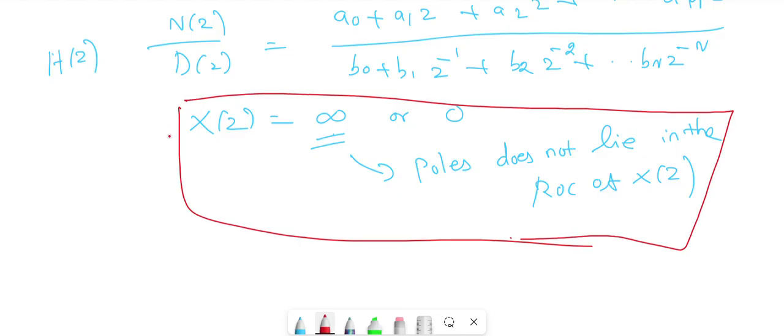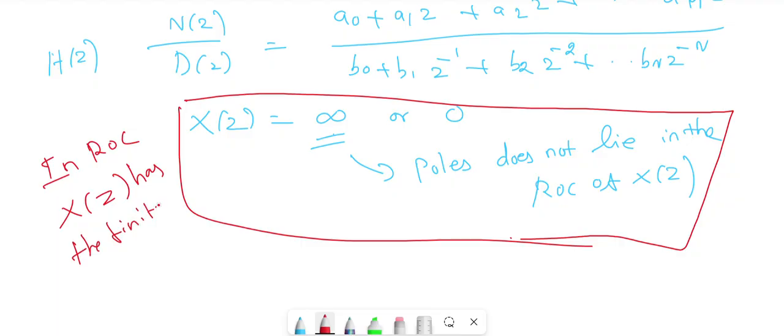In the ROC, x of z has a finite value, whereas x of z has the value infinity at poles.